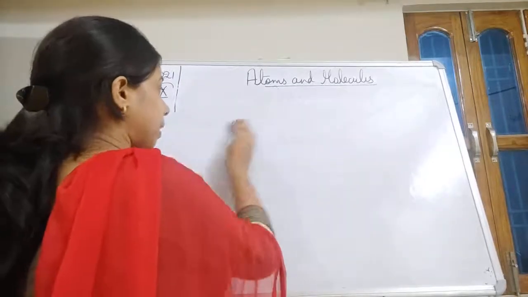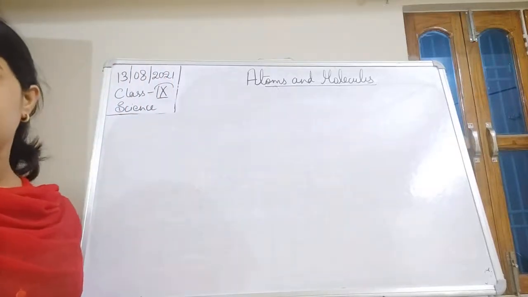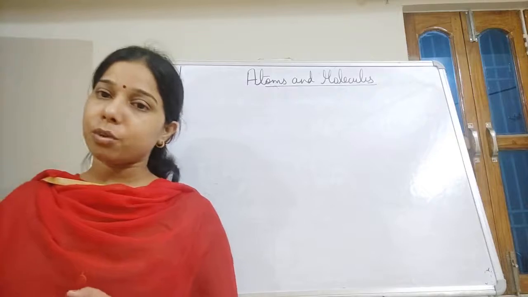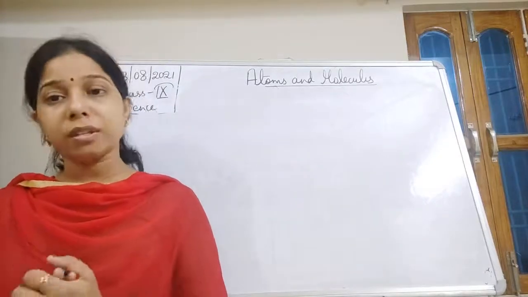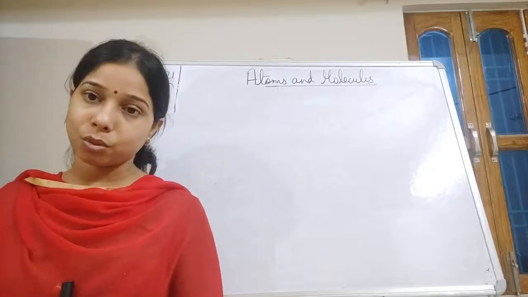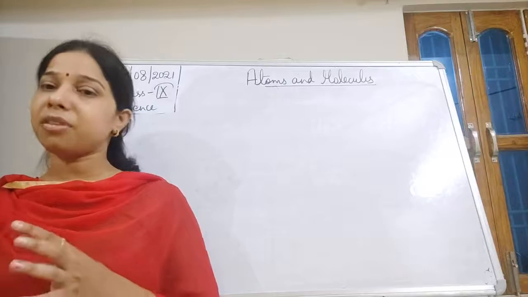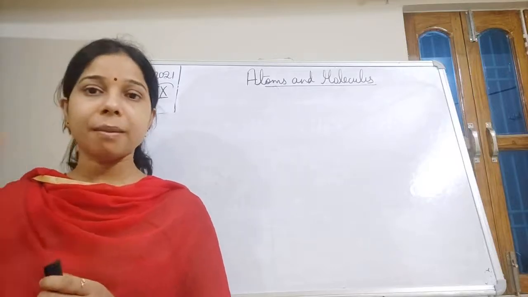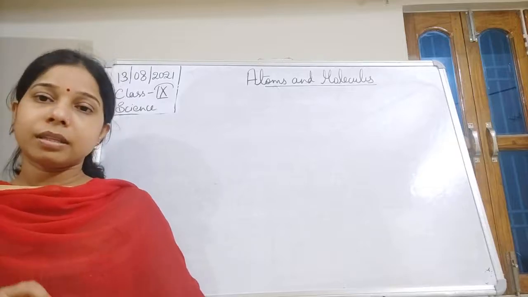Now, talking about the molecule, students, we have seen in the case of atomic mass that since atoms are really very small, it was quite difficult for us to find the atomic mass of an element. So we use a reference atom, and with the help of the reference atom, we compare the mass of that particular atom with this atom.